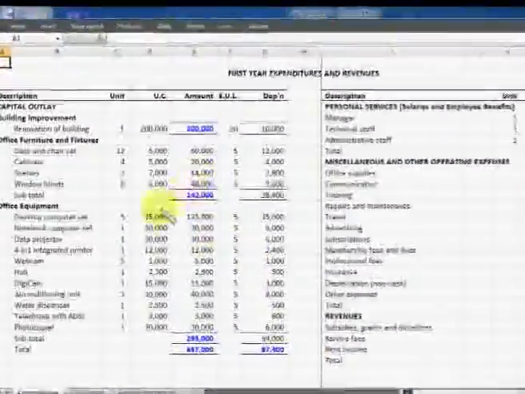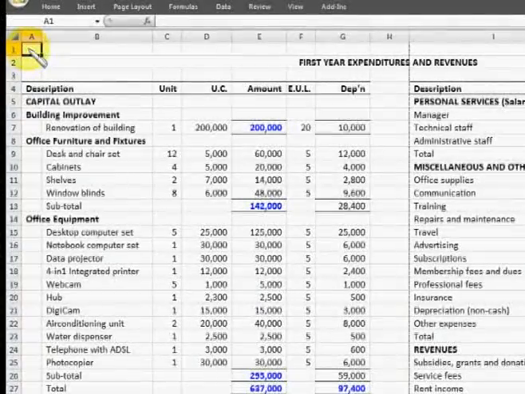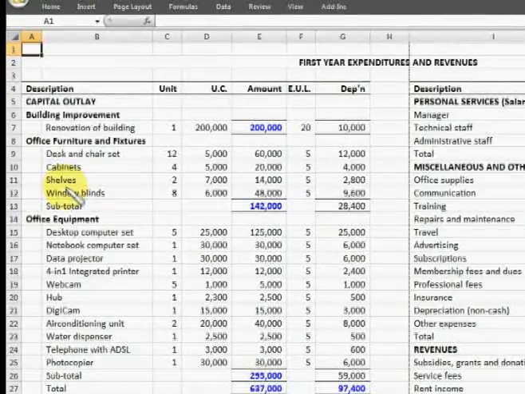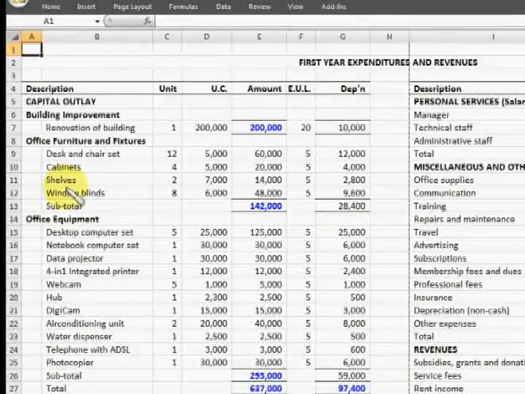For the expenditures and revenues budget, the content may vary depending on the time of preparation. If the CEC is about to be launched, we prepare the so-called startup budget for expenditures and revenues.